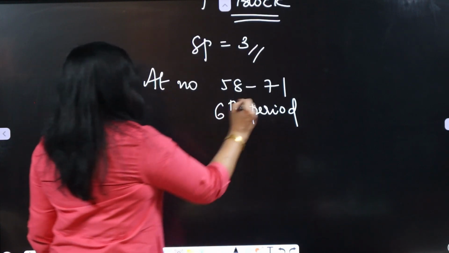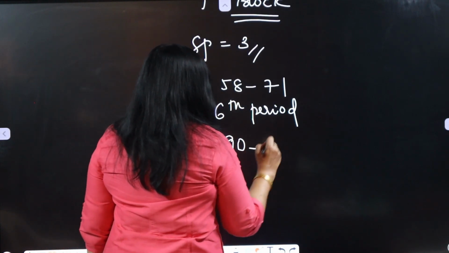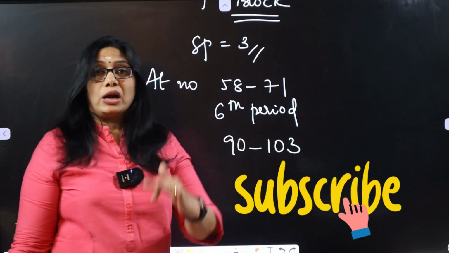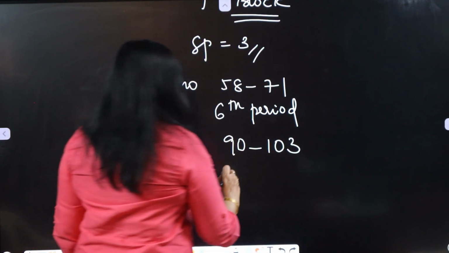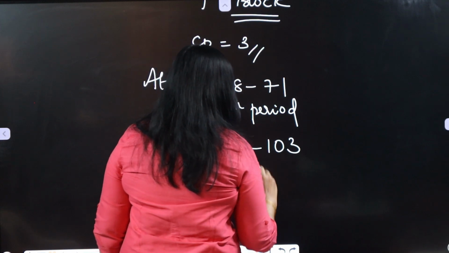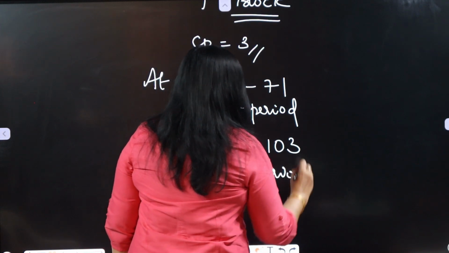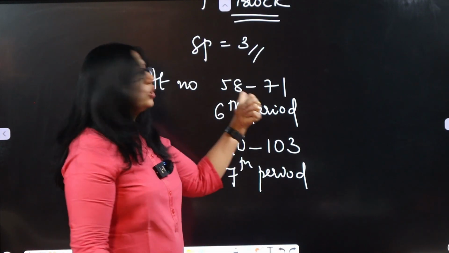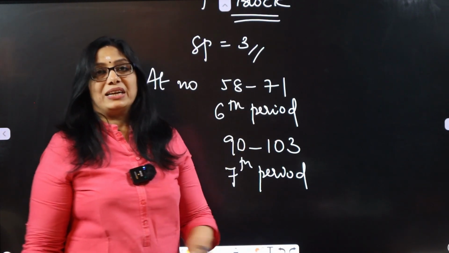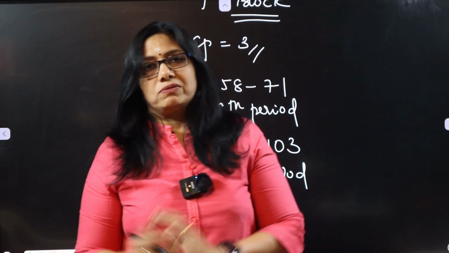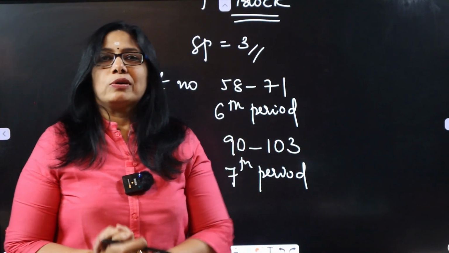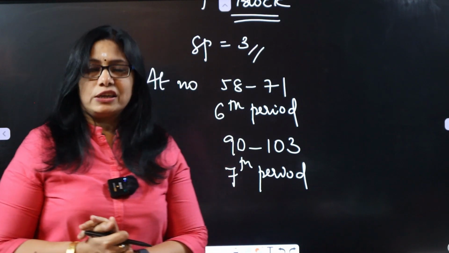And if the atomic number falls in this range, 90 to 103, they are all actinoids and they all belong to the 7th period. So, very easily, you can arrive at the group number and period number of these F block elements, which are inner transition elements. Clear? So, I think you all got it clearly.